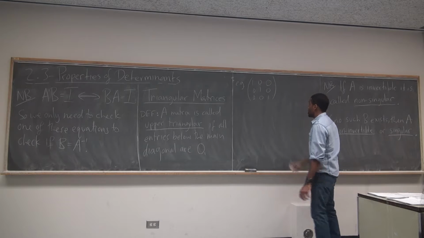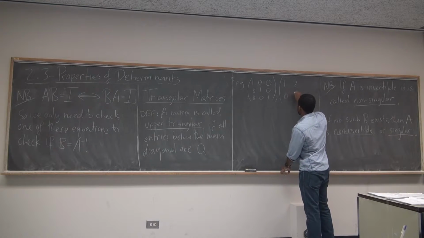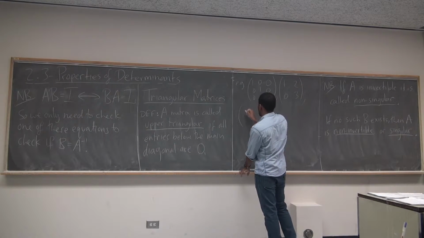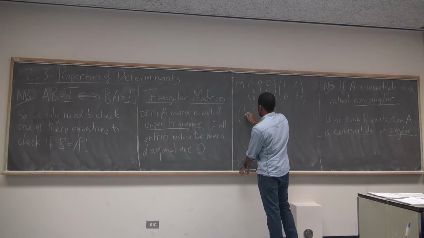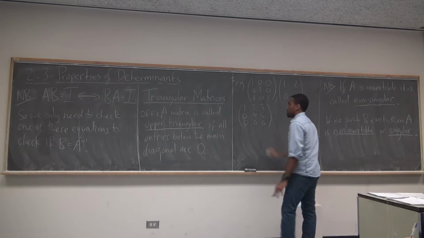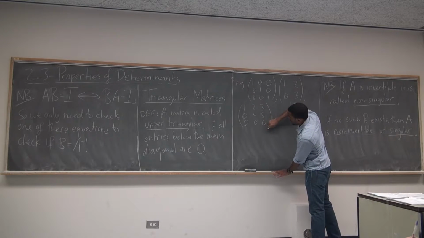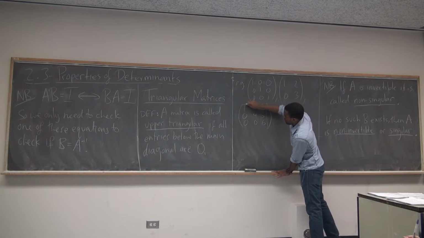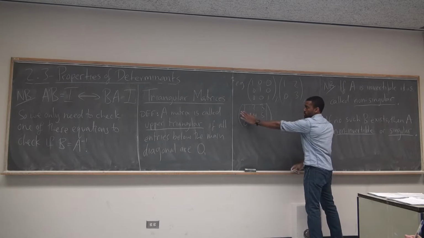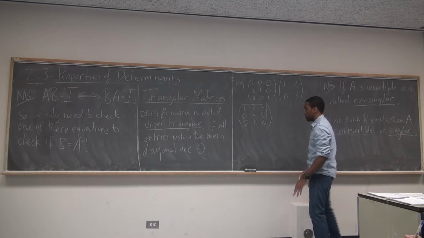Example, this is an upper triangular matrix. This is an upper triangular matrix. That's an upper triangular matrix, right? Basically, you find the main diagonal. It means anything that's non-zero will happen above that. If your zeros are all below, that's called an upper triangular matrix.